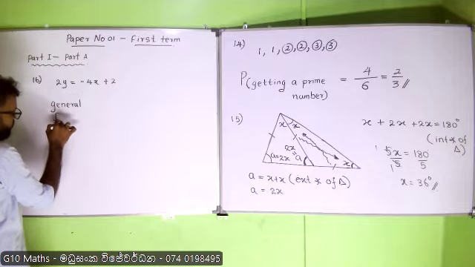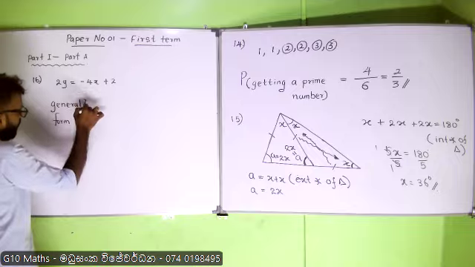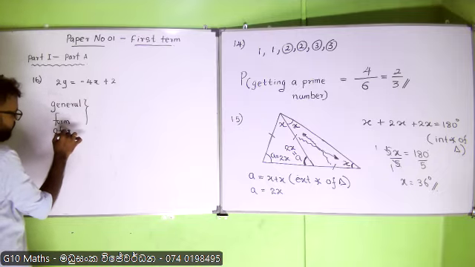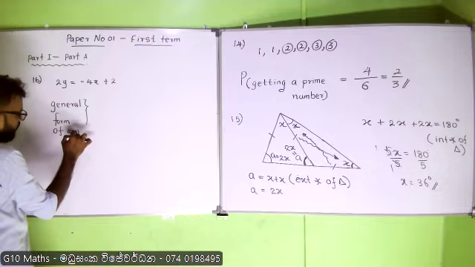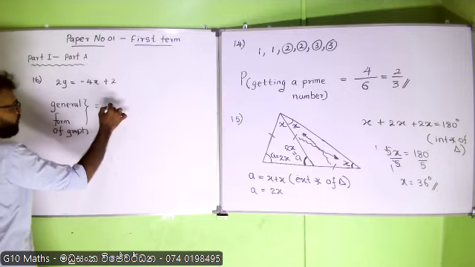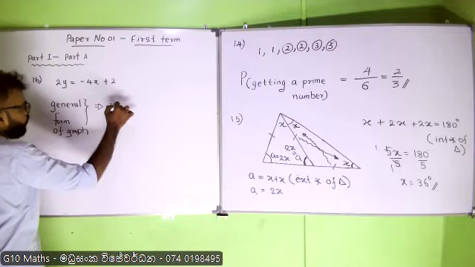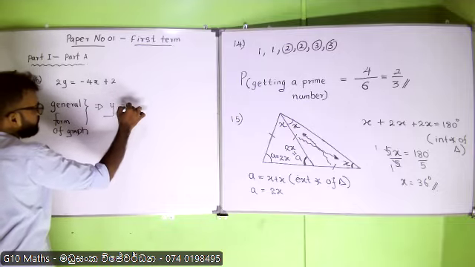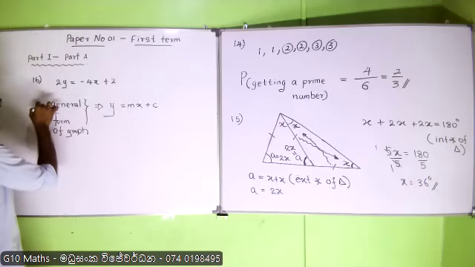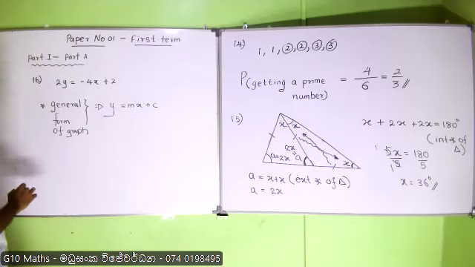Of a graph. Graph or a function, whatever, right? It should be y equals mx plus c. You need to remember this. y equals mx plus c.